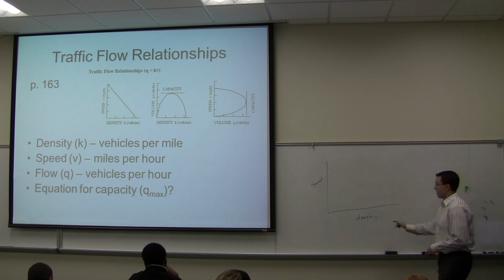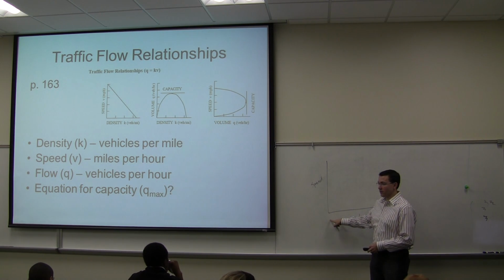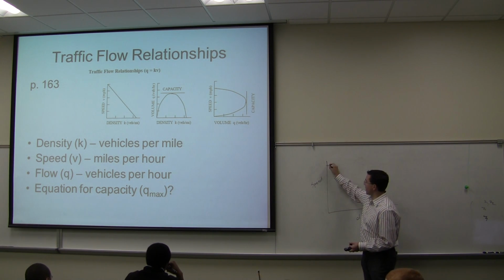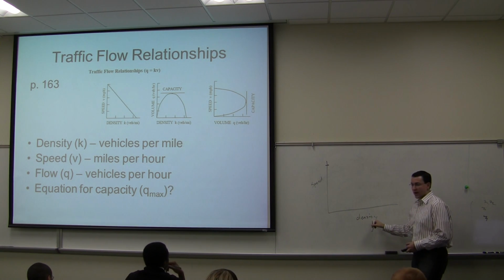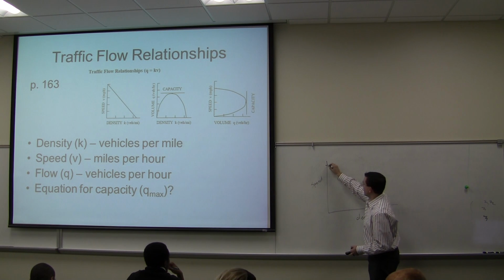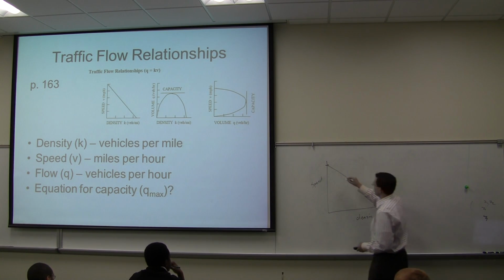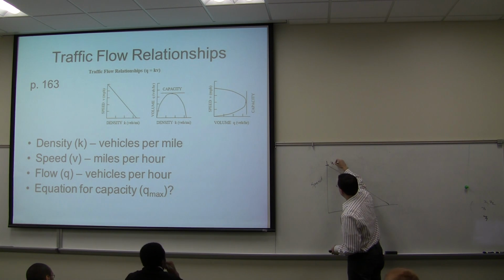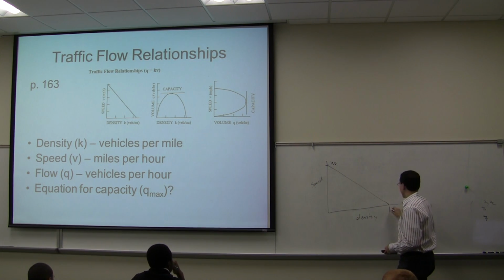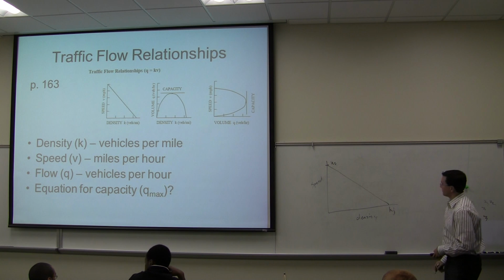With very low density on the roadway, what's the speed going to be? Really high. As density increases, what happens to speed? At max density, it's basically a parking lot. So you've got a free flow speed, U sub F, and a jam density, K sub J.